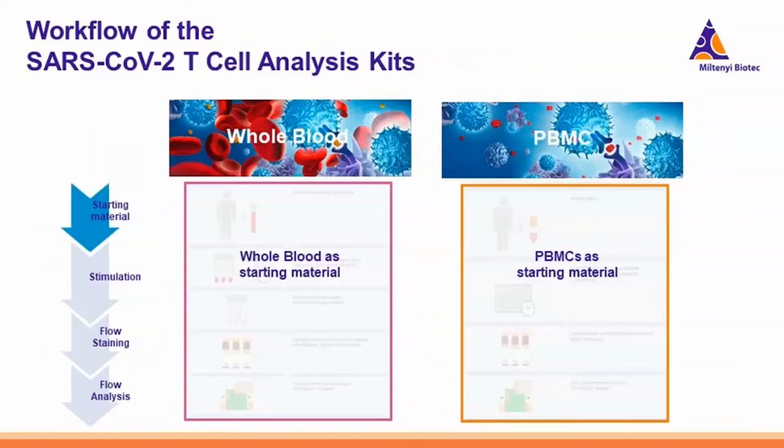As already mentioned at the beginning, we have developed two different kinds of kits to give researchers full flexibility in their choice of starting material. While in the SARS-CoV-2 T-cell analysis kit whole blood, we can directly start using whole blood samples, our PBMC kit is designed for laboratories that work primarily with peripheral blood mononuclear cells, short PBMCs.